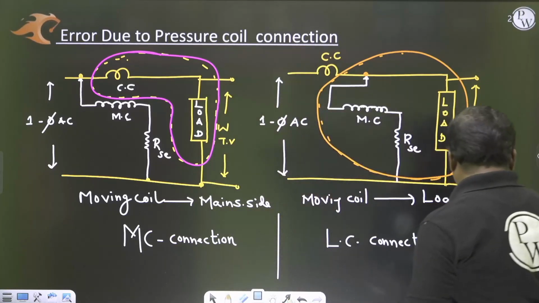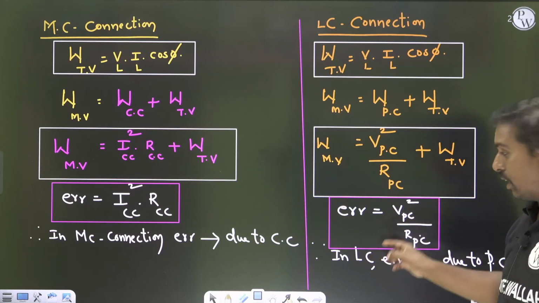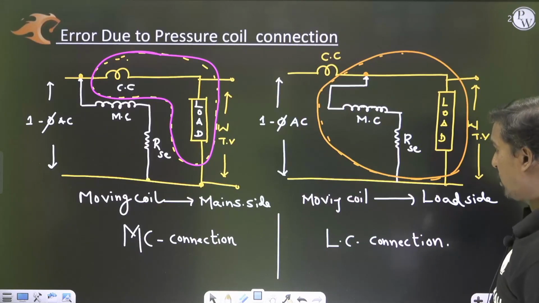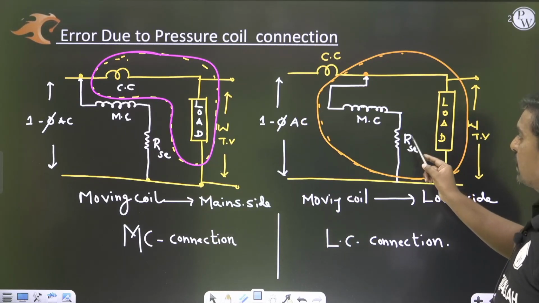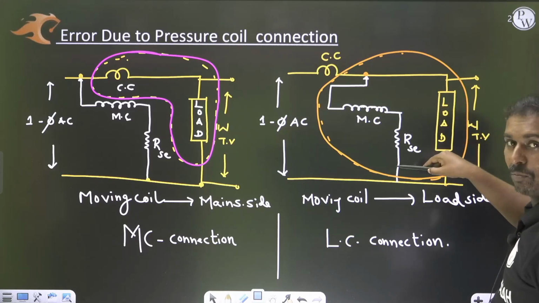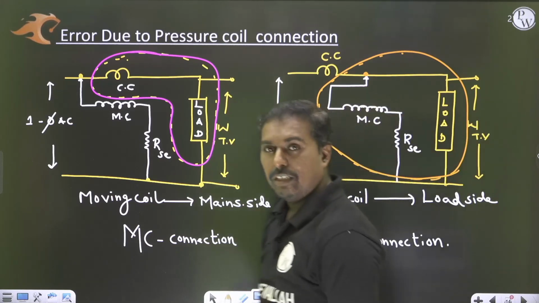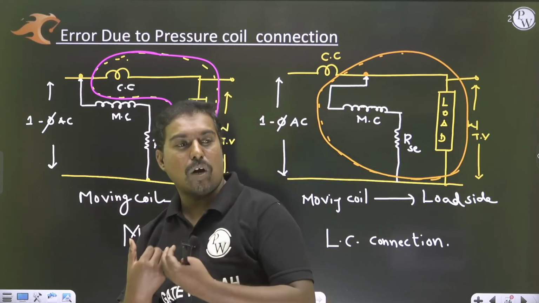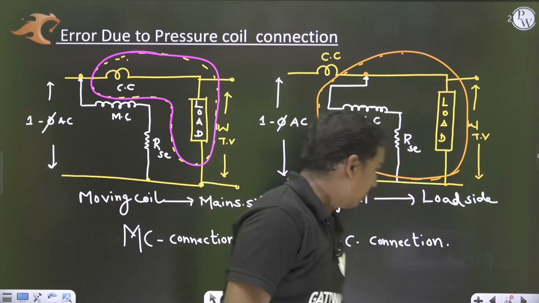Similarly, if you want to reduce this particular error, the VPC must be less. Obviously the current passing through the load must be more and the current passing through the potential coil must be less. Current passing through the load must be high means these should be low loads. Low loads will allow higher currents. Please make a note of this.